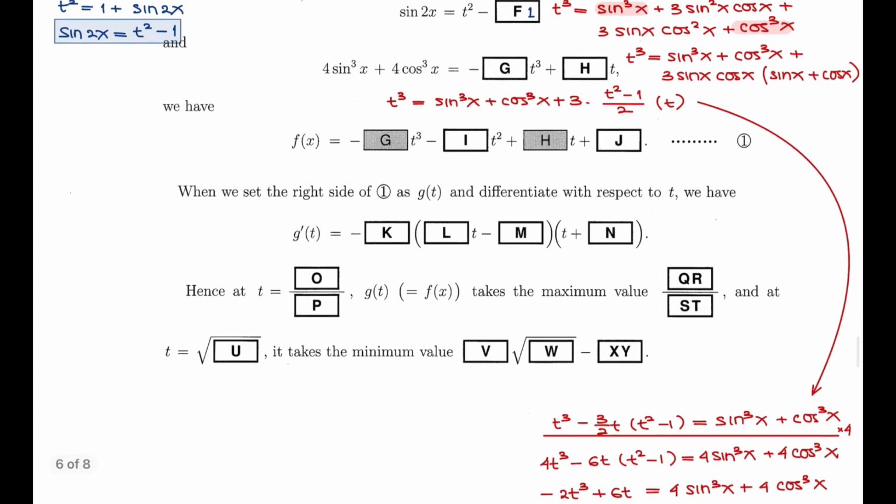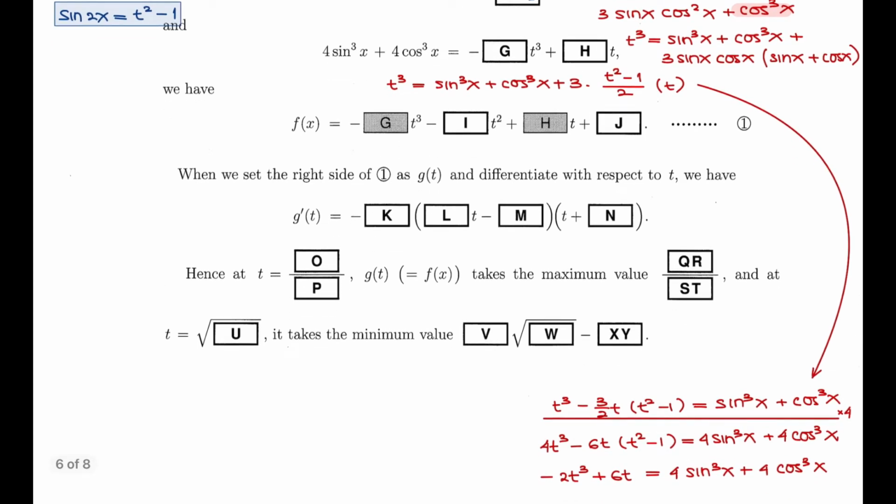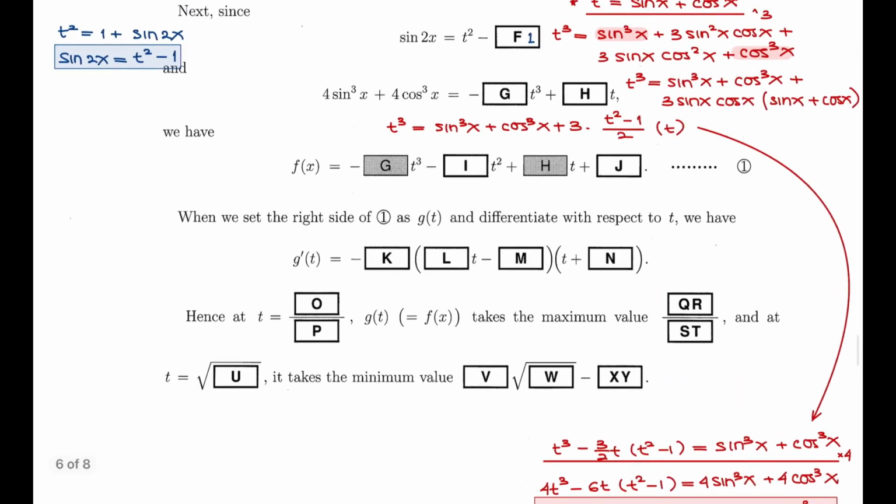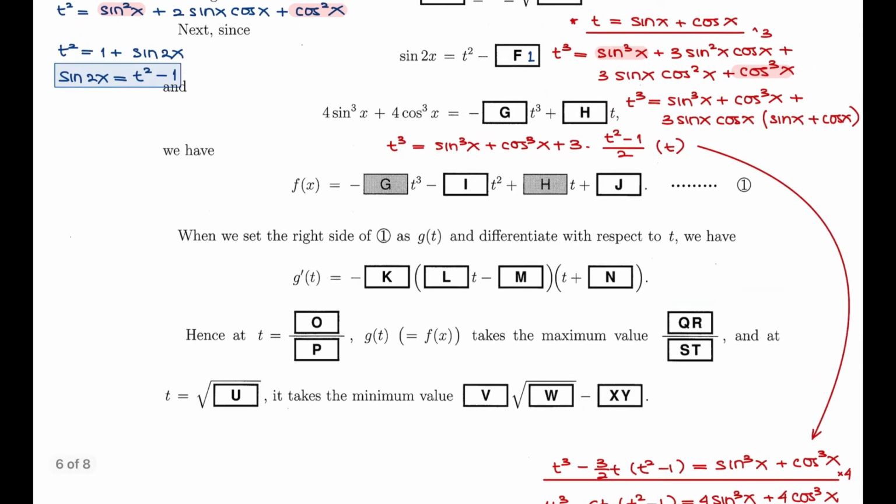So I already get the answer for letter G and letter H. G is 2 and H is 6. Now finally we have f of x equals blah blah blah.